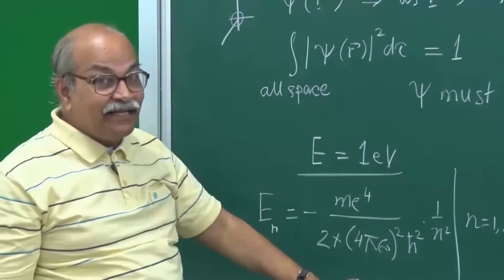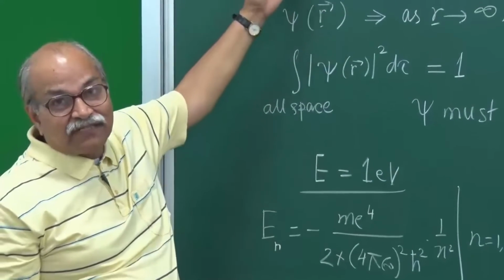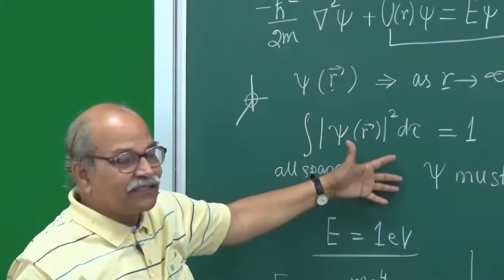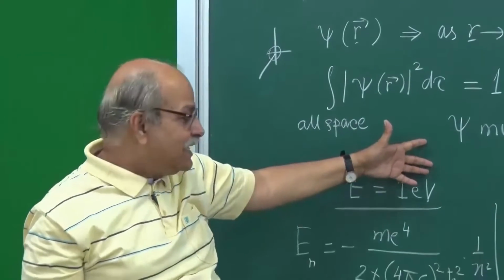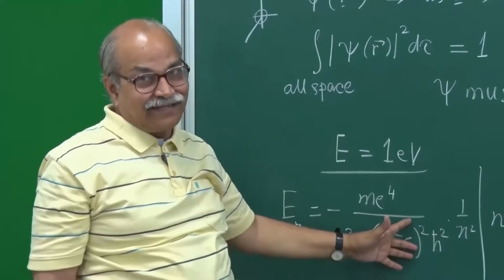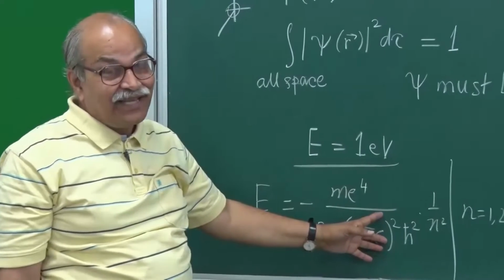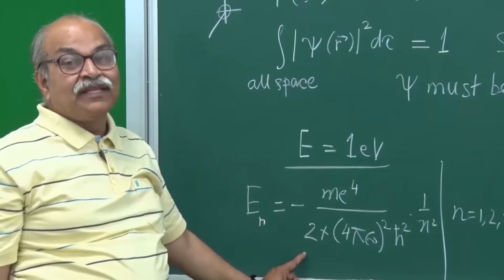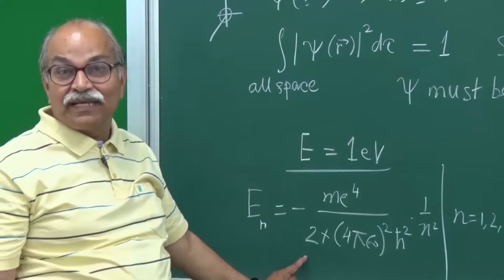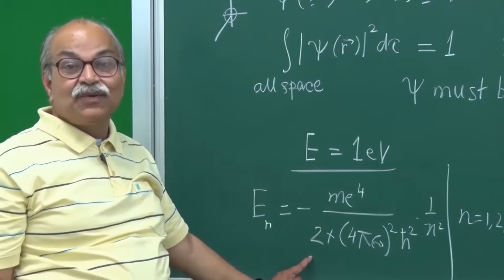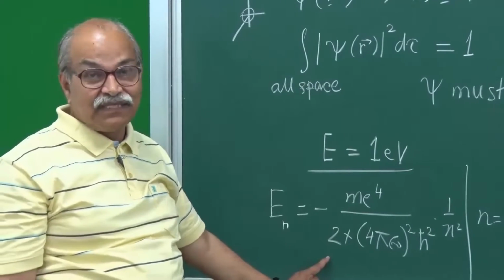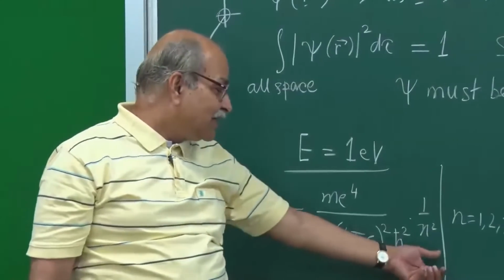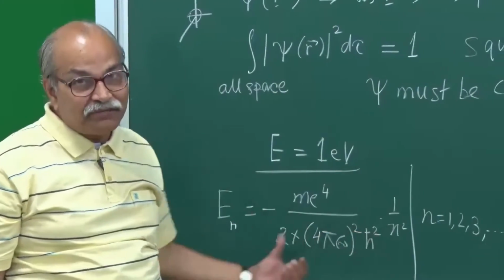If you put anything else, you do not have functional forms psi which satisfy the equation as well as these conditions on psi. So these are the allowed energy states according to the Schrödinger equation. And you remember, this is the same expression that we got from Bohr's circular orbit assumptions and L equal to n h cross. So Bohr's model gave me the same expression, and that is why the agreement was so good.